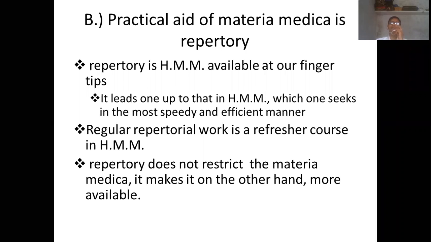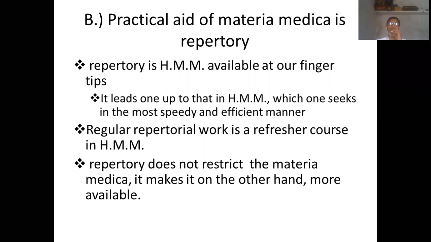Now imagine a situation where somebody has asked you to go through those 10 volumes of Hering's Guiding Symptoms and find out the remedies which are indicated for the symptom of thirstlessness. It will be possible, but it will take much hard work, much strain on our eyes, and then we will come to know.